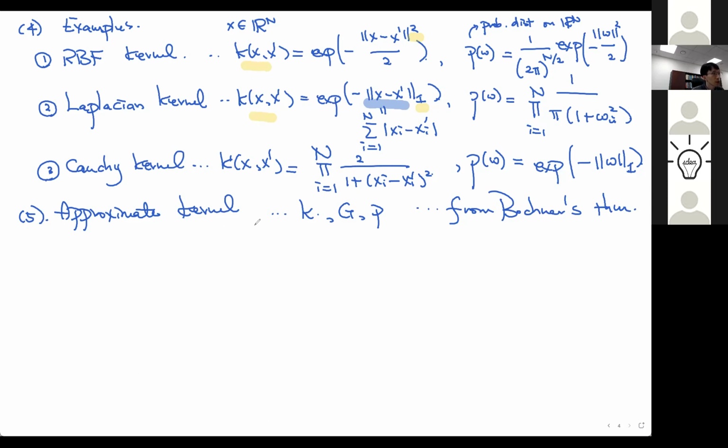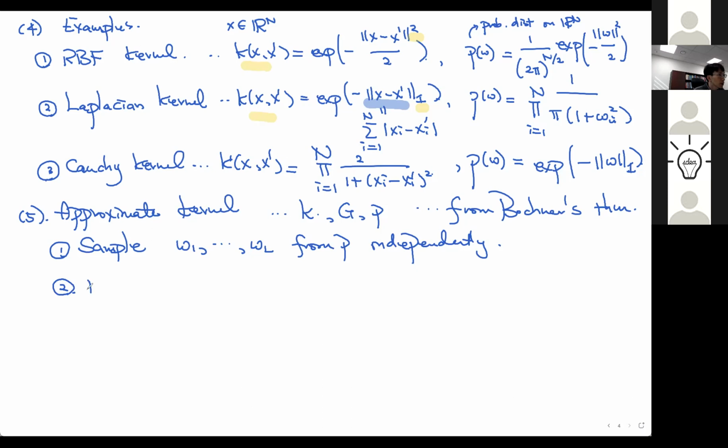We first sample omega 1 up to omega L from P independently, once and for all. Then we define a new kernel, K prime, as an average.